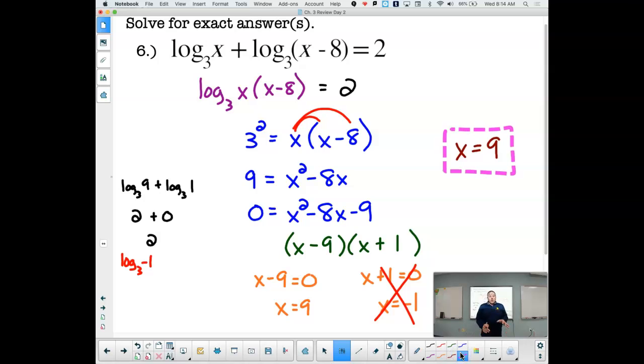Now, I will caution you that sometimes a negative answer, when you plug it back in, will work. So just because you get a negative at the bottom doesn't mean it automatically becomes an extraneous solution. Just make sure you're still doing that check.